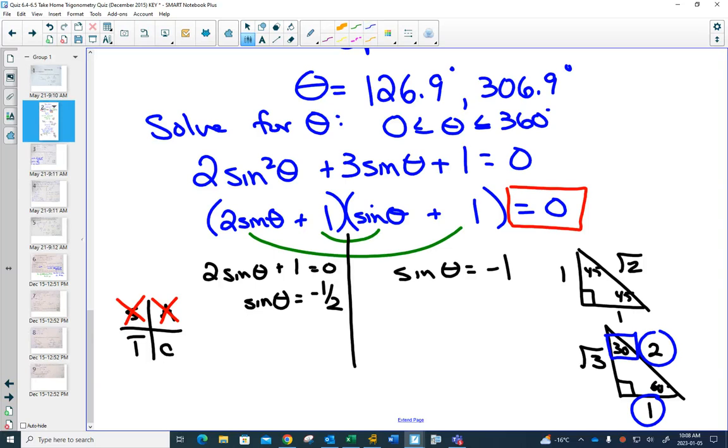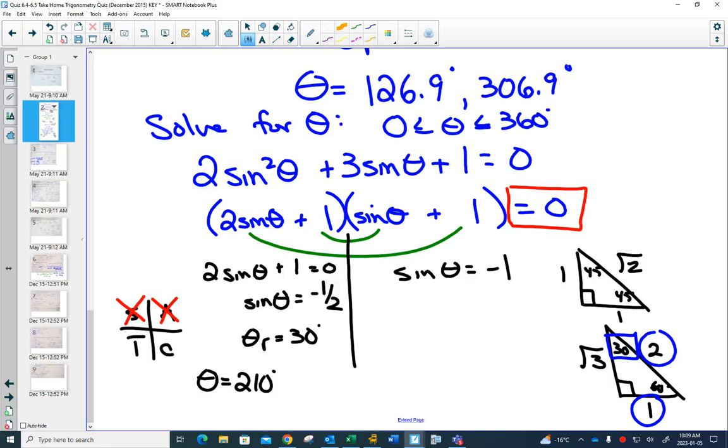So without a calculator, you could determine that your reference angle is 30 degrees. So this would show up on a non-calculator question on a test, that you would find out that your reference angle is 30 degrees. And then, because it's in quadrants 3 and 4, 180 plus 30 degrees is 210 degrees.